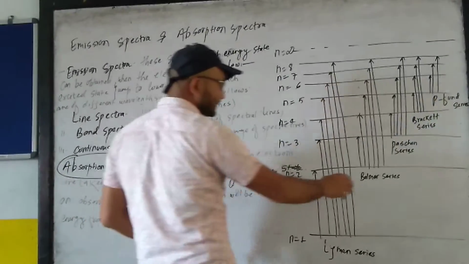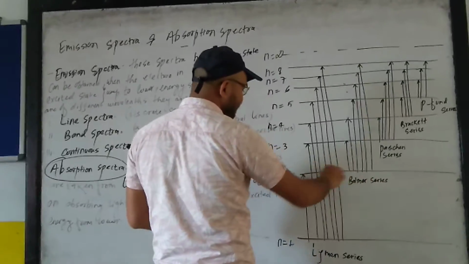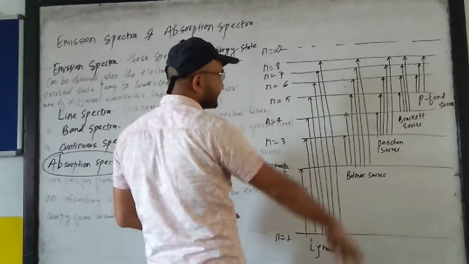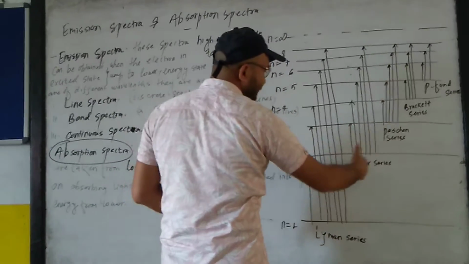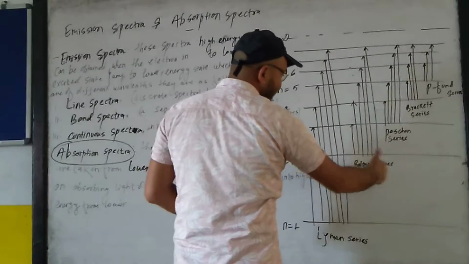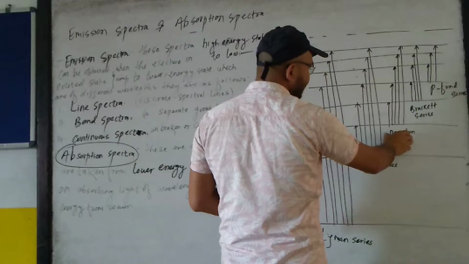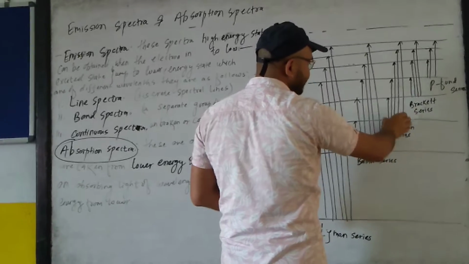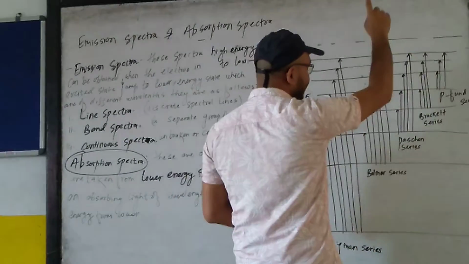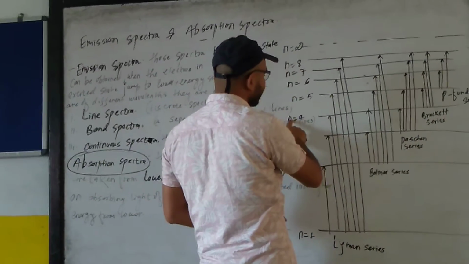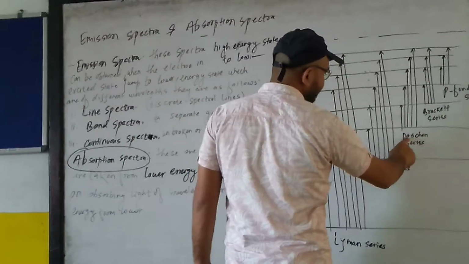In the same way you can see the Balmer series here. In the Balmer series, the electron jumps from n equal to 2 energy state to any higher energy state, and this group of spectral lines we call the Balmer series. Similarly, we can obtain other groups of spectral lines, that means radiation of light, while the electron jumps from n equal to 3 to any higher state, and similarly we can obtain the absorption spectra in the Paschen series.